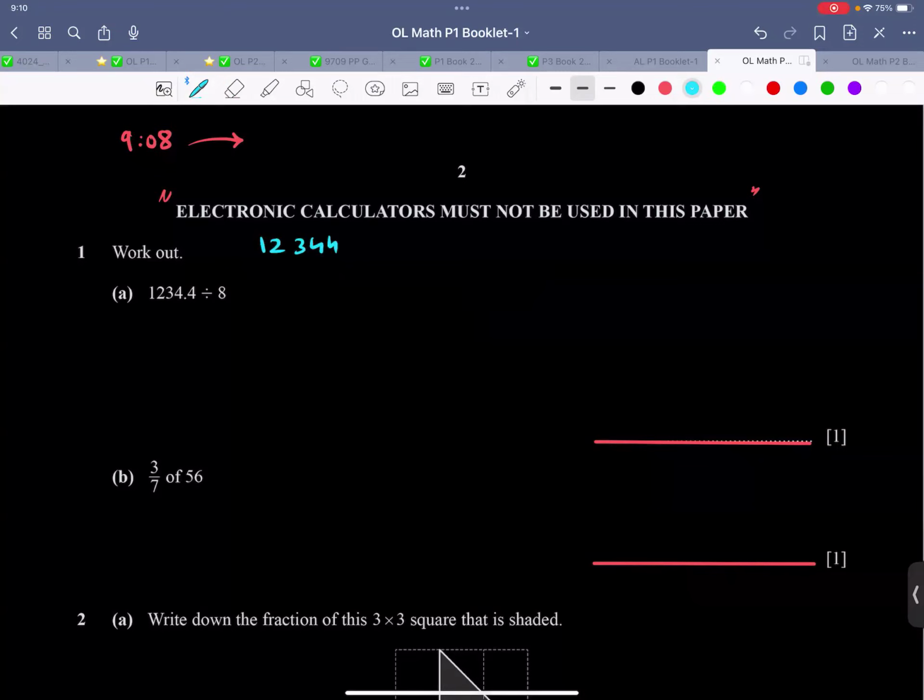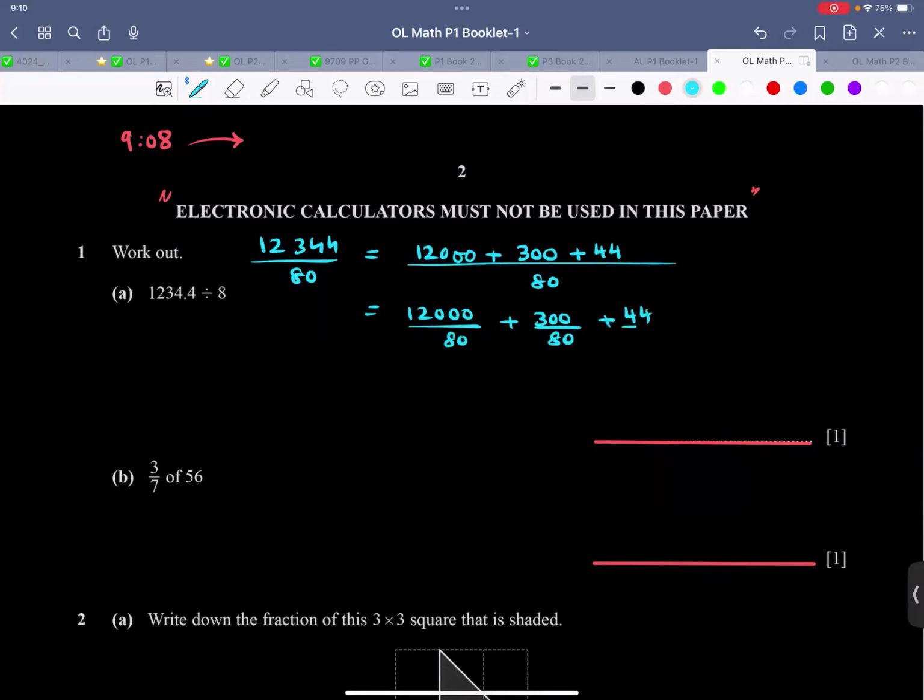12344 divided by 80, that is 12,000 plus 300 plus 44 divided by 80. It seems easier this way. So this is 12,000 divided by 80. This is 300 divided by 80.